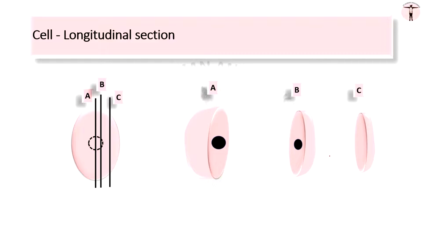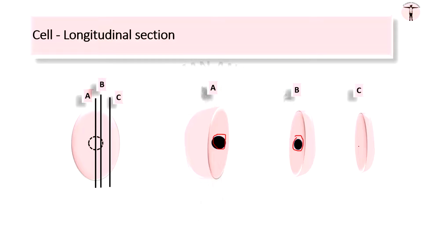You can see the difference between sections passing through different planes in this slide. From center to periphery, represented from A to C, the size of the nucleus reduces from large to smaller, and close to the periphery it disappears.